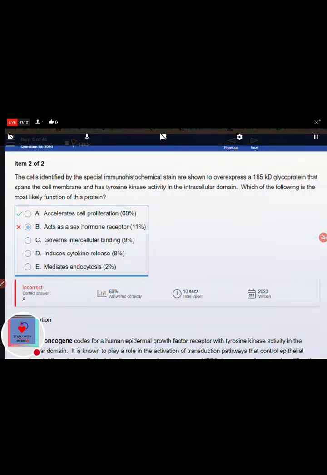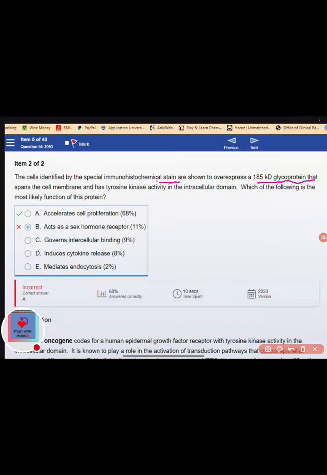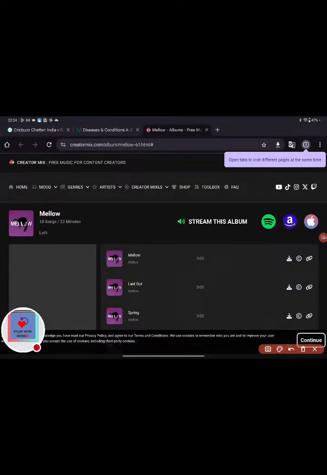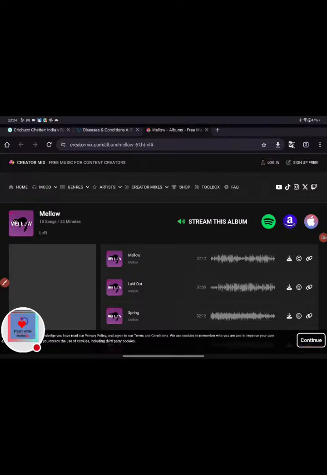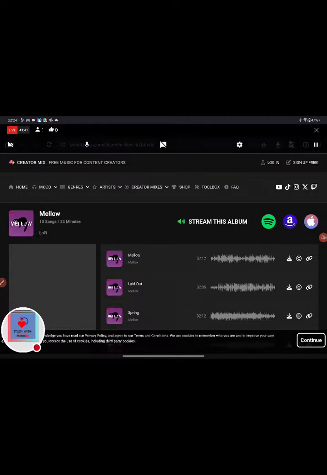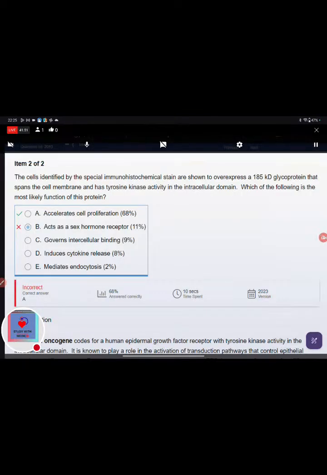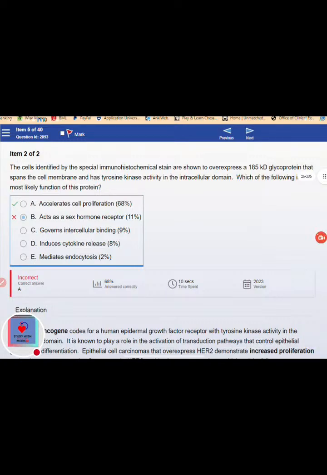The next question. The cell identified by a special immunohistochemical stain is shown to overexpress a 185 kD glycoprotein that spans the cell membrane and has tyrosine kinase activity in the intracellular domain.